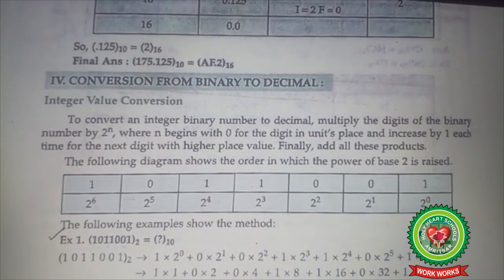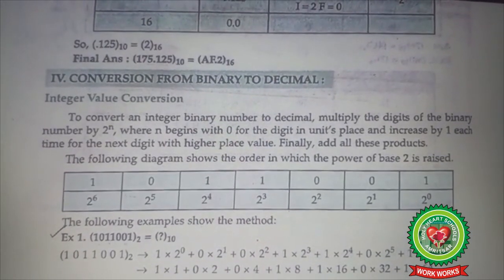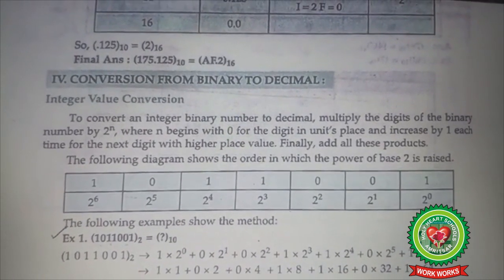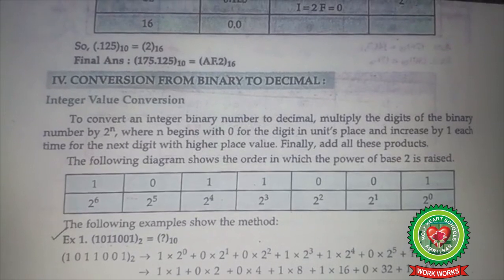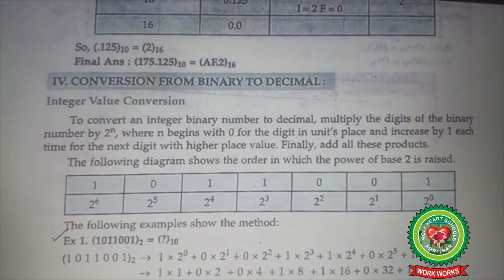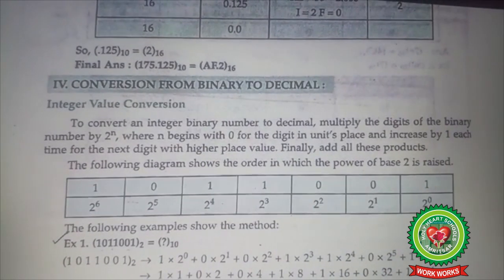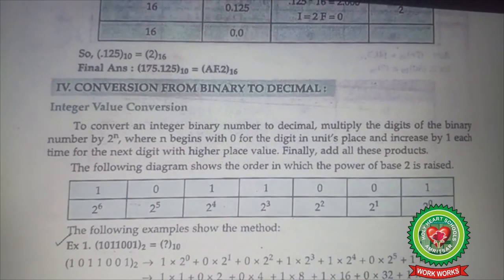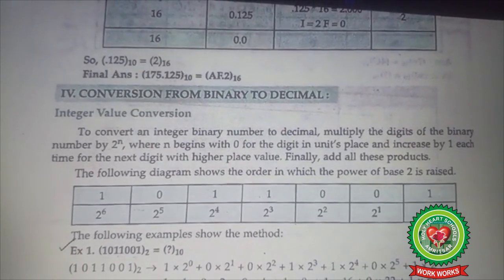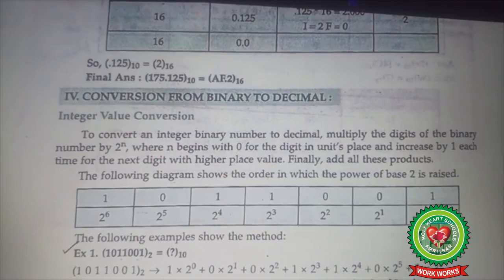To convert a binary number to a decimal number, multiply the digits of the binary number by 2 raised to power n, where n begins with 0 for the digit in the units place and increases by 1 each time for the next digit with the higher place value. And finally, we are going to add all these products.